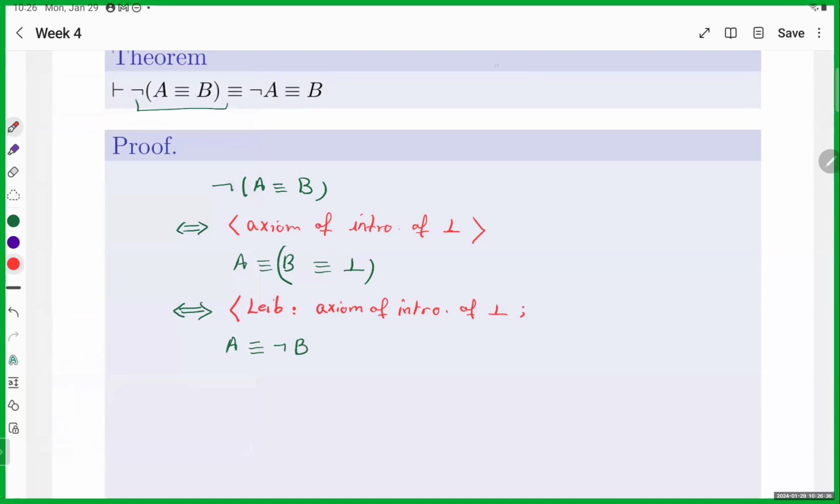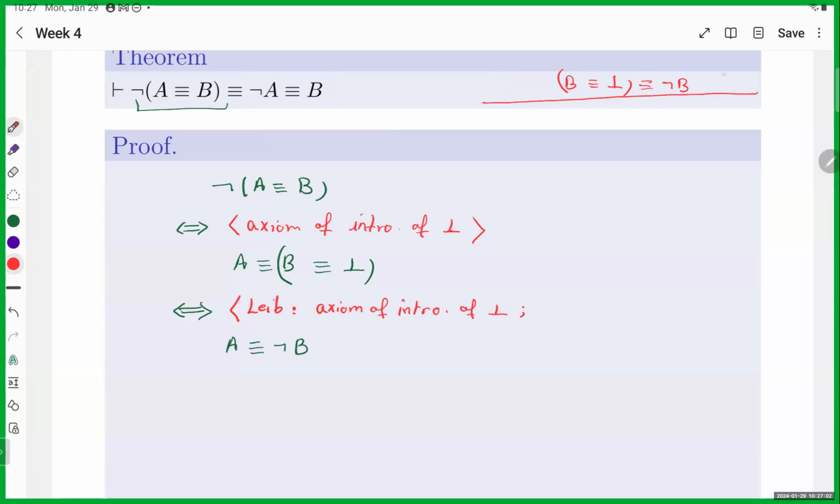I knew that negation of B is equivalent to B equivalent to bottom, right? We know this, or if you wanted to write it here, the same thing. Now we call these both axioms of introduction of bottom.